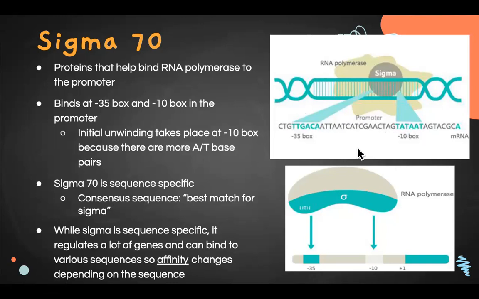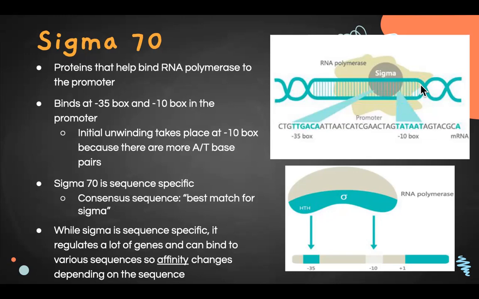When it binds first at the -10 box, that's where the unwinding starts, because that's where the most A's and T's are. A's and T's only have 2 bonds, whereas G's and C's have 3 bonds. So 2 bonds are easier to break than 3 bonds. That's why it typically starts from here to start breaking apart.